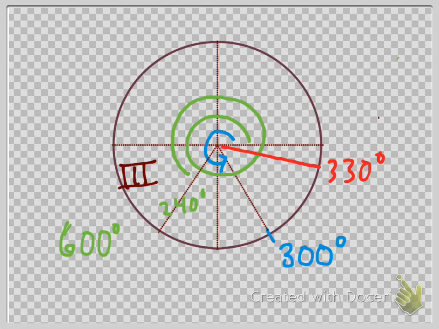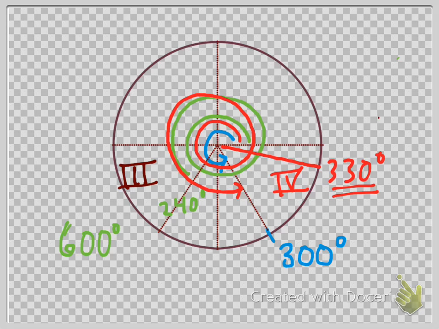If you went around the circle, you'd go around 360, then you have to go around another 300, which puts you right there. So doubling 330 puts you into quadrant 4.